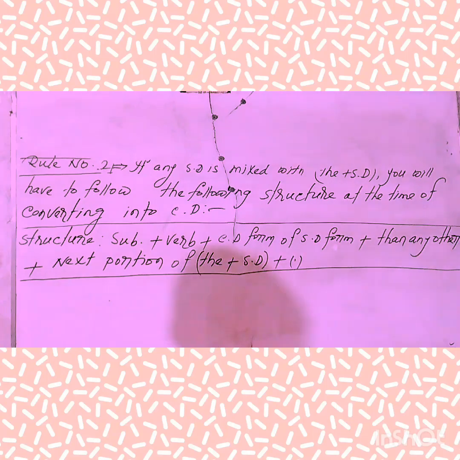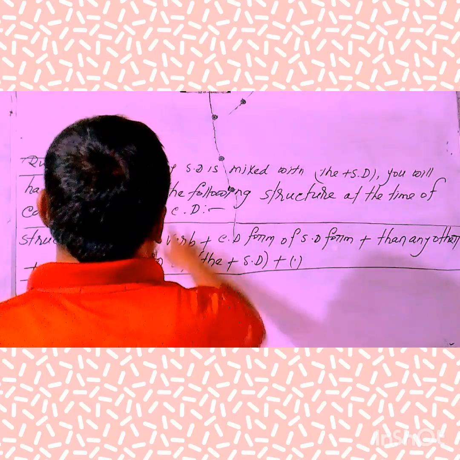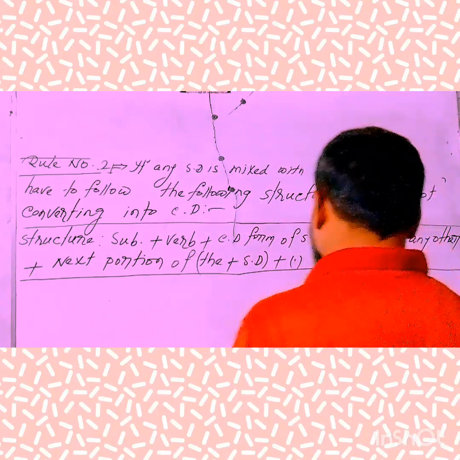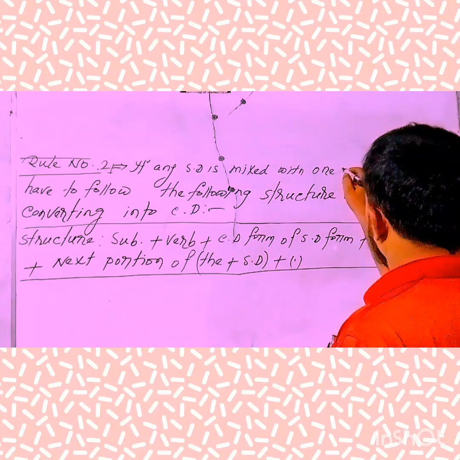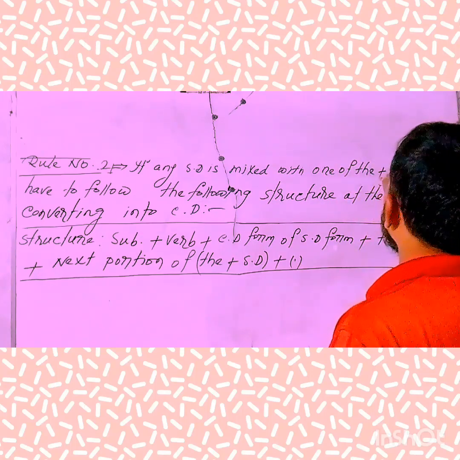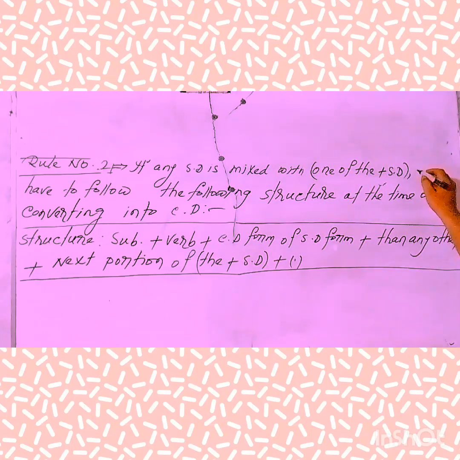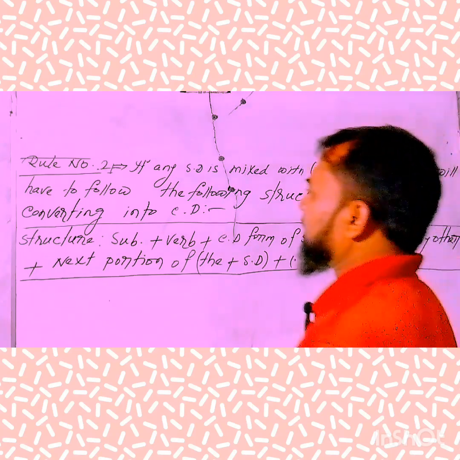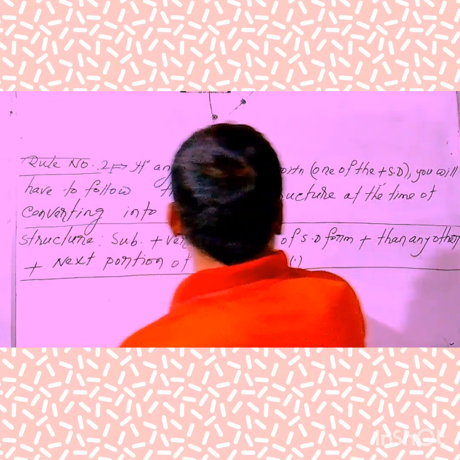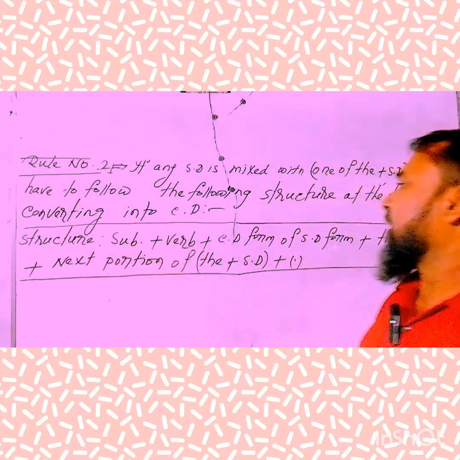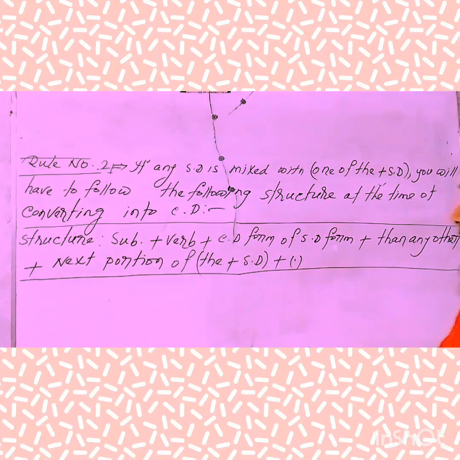In rule number two, I am trying to show you if any HD is mixed with one of the plus HD, you will have to follow the following structure at the time of converting into comparative degree. So my dear learners, take note of the structure pattern.